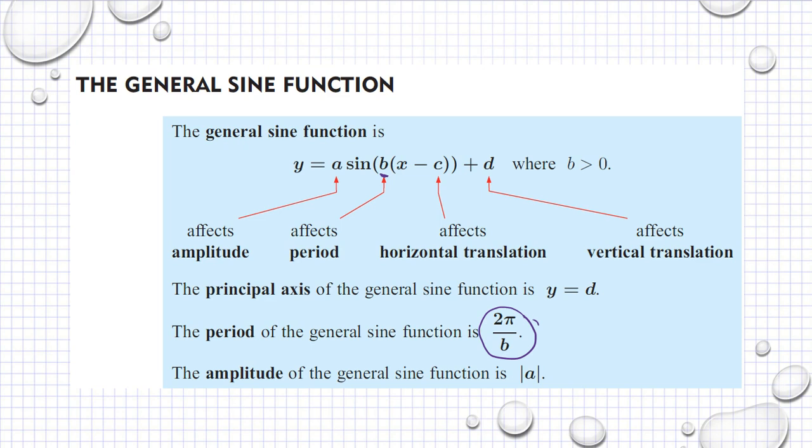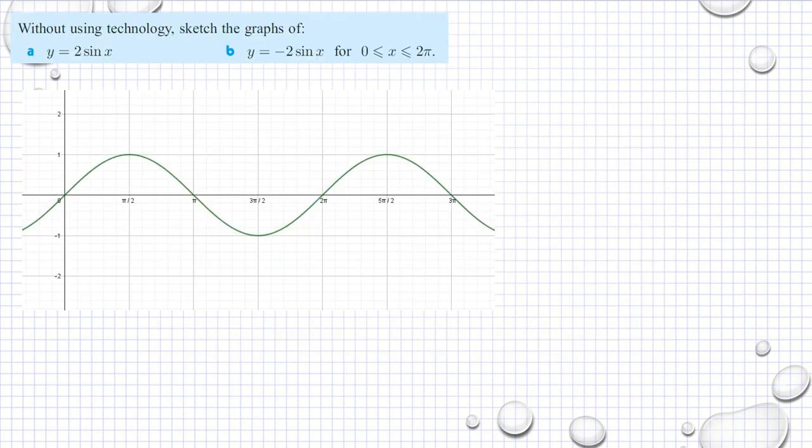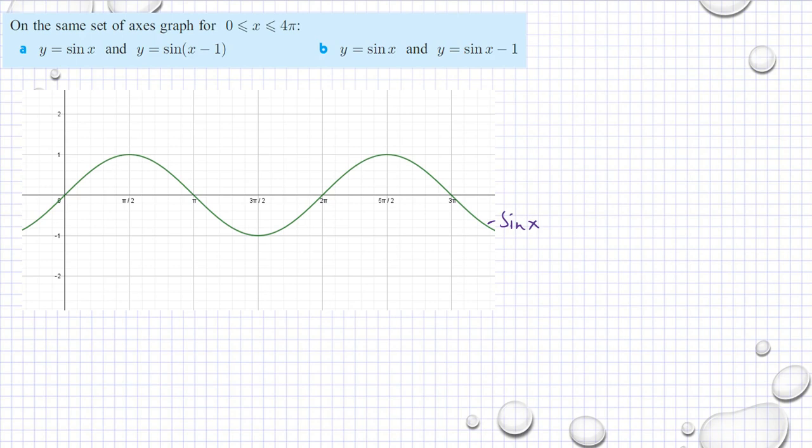It affects horizontal translations. When c is greater than 0, then we have a shift to the right. So if we're going to look here now, that is not the one. Here. So if we put this point, 1 point there, that means this also 1 point there, and then 1 point there, and 1 point here also.